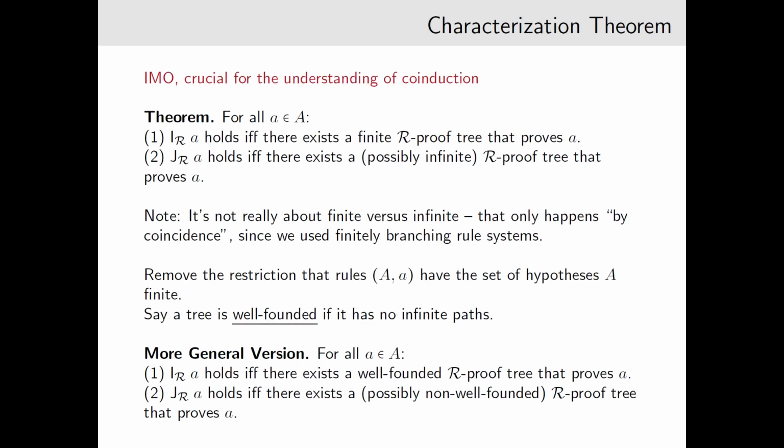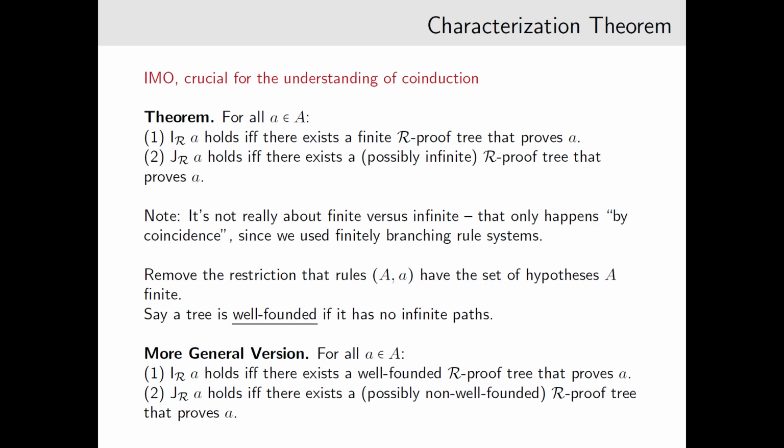And this is essentially, I would say, the crucial theorem that links the concrete set theory we are working in with the abstract greatest fixed point stuff. So let's first look at the theorem at the top.